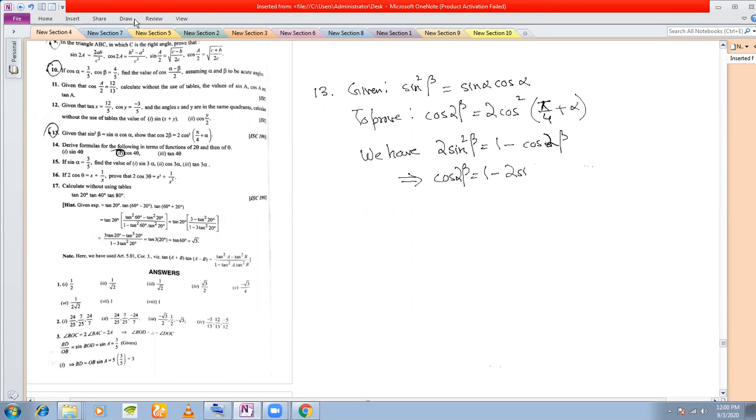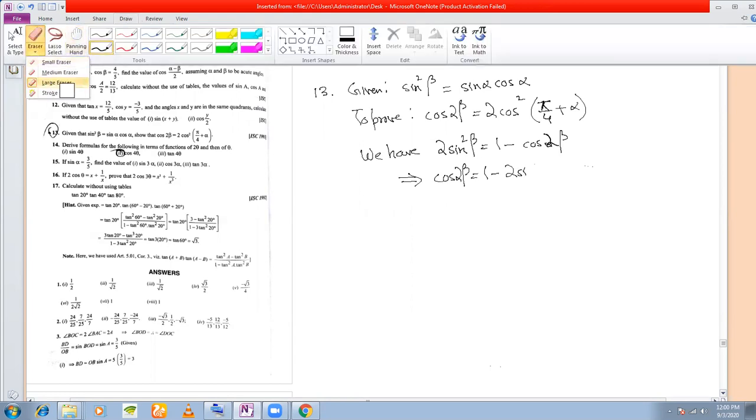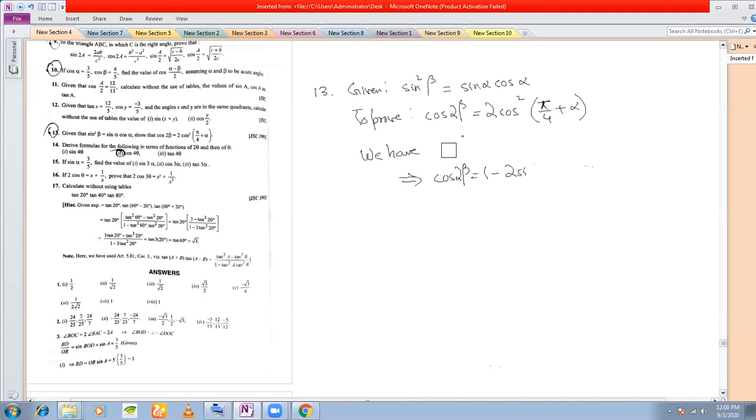Or you can start with this only. This is also a formula. You can start with this also, that cos 2 beta, so the multiple angle formula for cos 2 theta is cos 2 theta is equal to 1 minus 2 sine square half of 2 theta, which is theta.